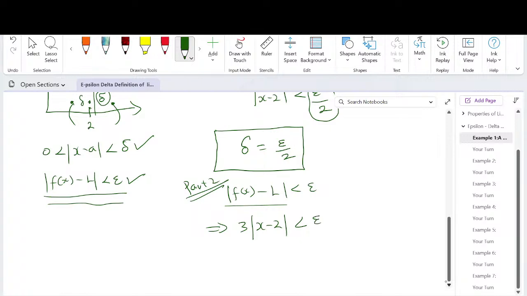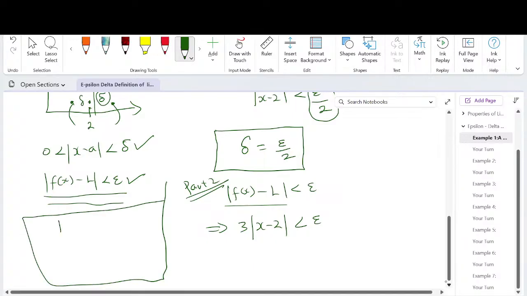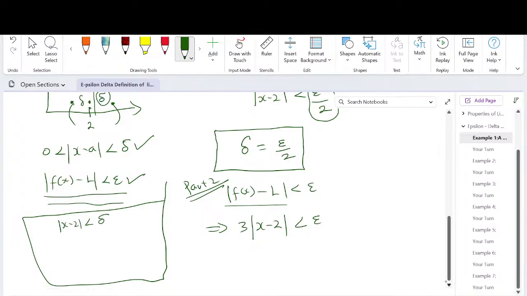Now, instead of using epsilon, I will try to bring in the value of my delta. So the value of my delta is this. Let me write something here. If the absolute value of x minus 2 is less than delta, it means that 3 times the absolute value of x minus 2 will be less than 3 delta.